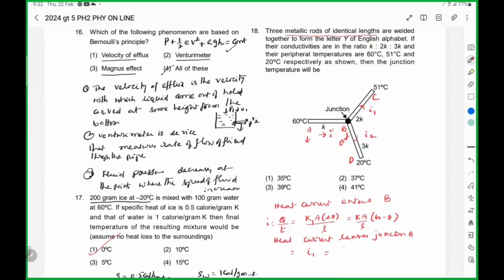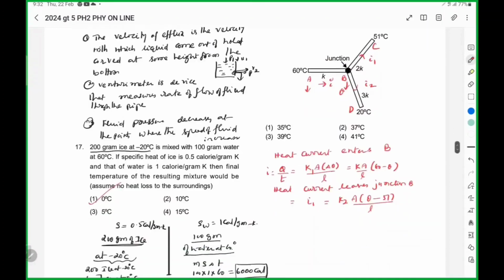So here I1 is K2 into, since identical rods have the same area of cross section, theta minus 51, and identical rods have the same length.